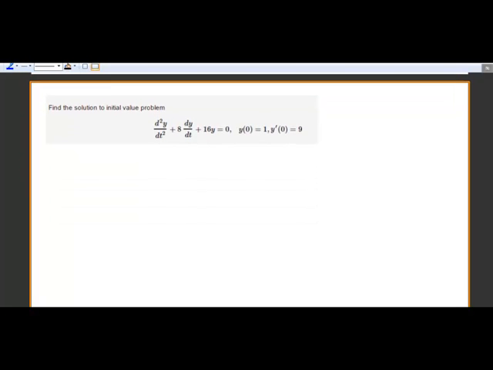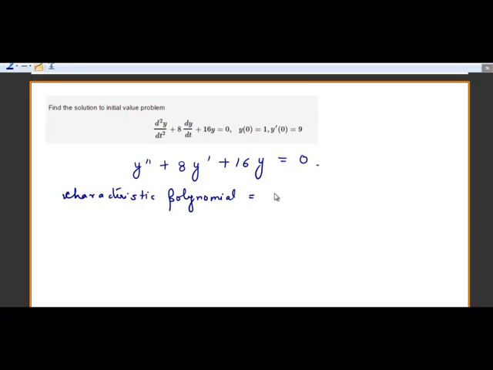Find the solution of the initial value problem y double prime plus 8y prime plus 16y equals 0. Now here the roots will be equal, right?